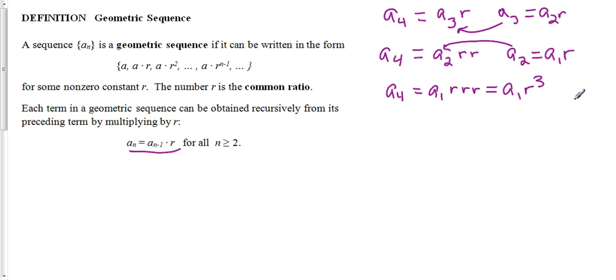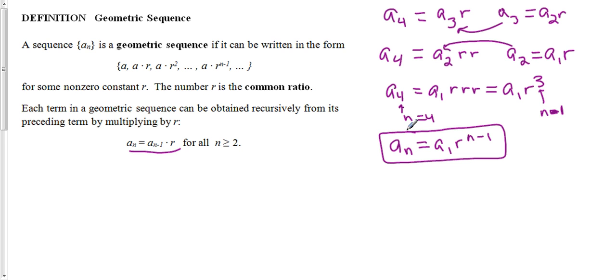Let's think about this for a minute. If I'm looking at the a_4 term, that means n is equal to 4, and that means that the 3 up there is equal to n minus 1. So now I can write a general expression for the nth term, which is equal to a_1 times r to the n minus 1.